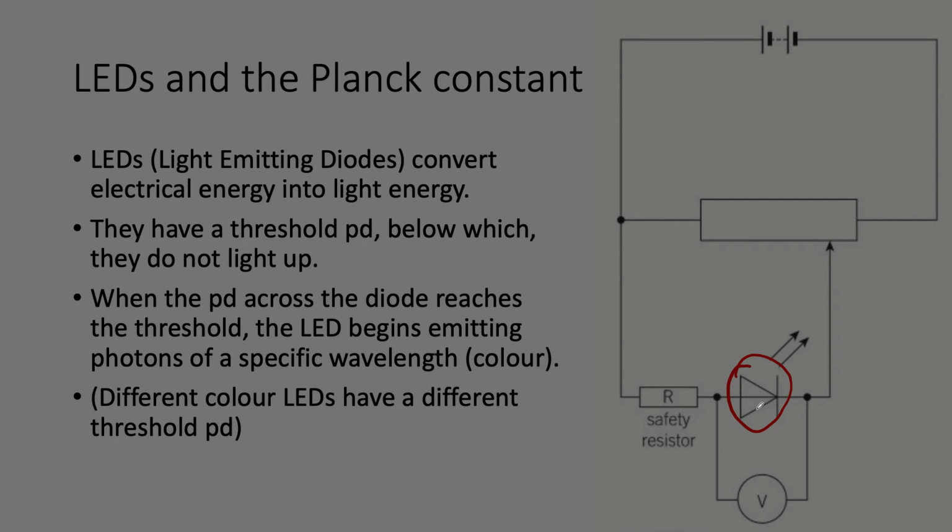A blue LED is emitting photons of a shorter wavelength, and therefore they have a higher energy, whereas the red LEDs are emitting EM waves of a longer wavelength, so their photons will have less energy.